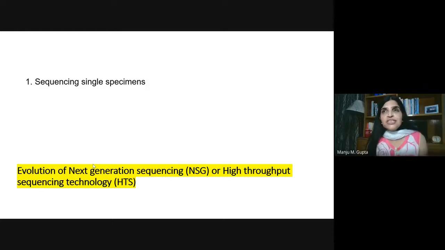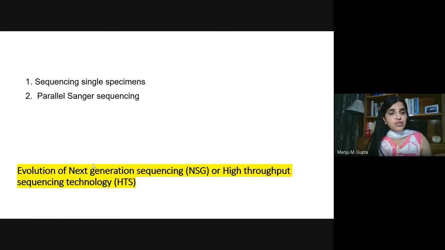The spores are huge in size, and when you isolate them from the field, you would see that they are already infected by other organisms, and that is going to lead to the wrong result. So we used to culture them, then isolate DNA from there, and then amplify, sequence, and then identify and confirm our identification.